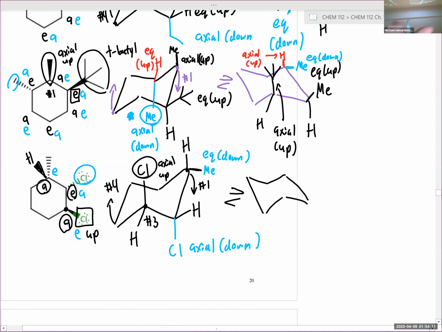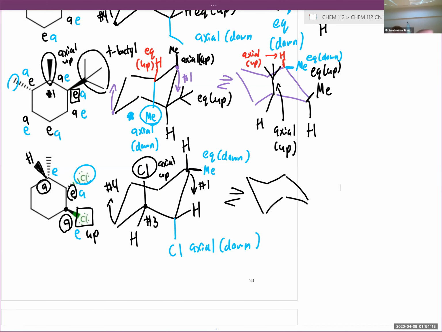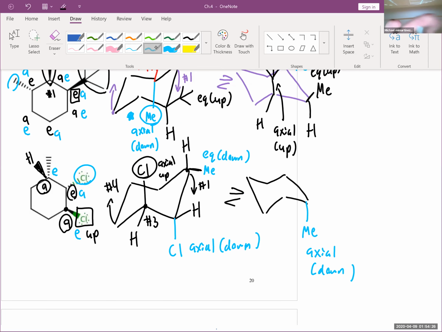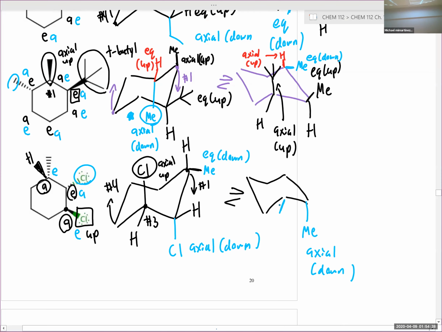So now we have our methyl, instead of being equatorial down, it's now axial down. And now our second chlorine, instead of axial down, is now equatorial down.